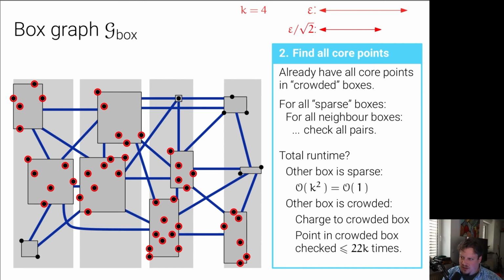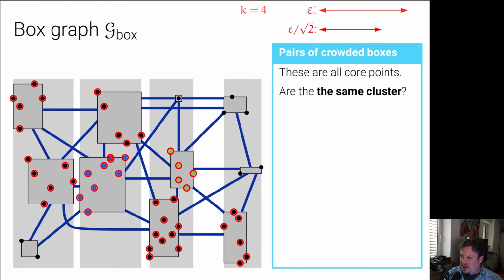If I want to get from a sparse box into a crowded box, that is also completely fine using the same charging argument as before. In a crowded box, everybody is definitely in the same cluster as each other because they're all directly density reachable to each other. So this is all fine. I just need to be able to figure out from a crowded box to another crowded box, are those points in the same cluster or not?